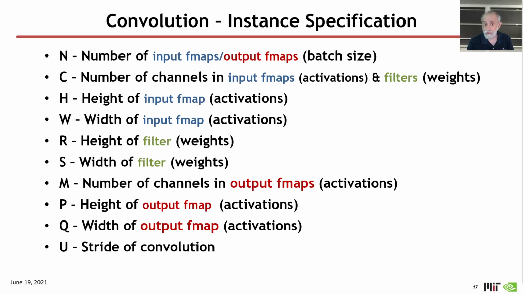And so what the tool is going to do is it's actually going to allow you to express in text the Einsum type expression, which generically says what your tensor computation is, and then the instance variables for all of the dimensions.